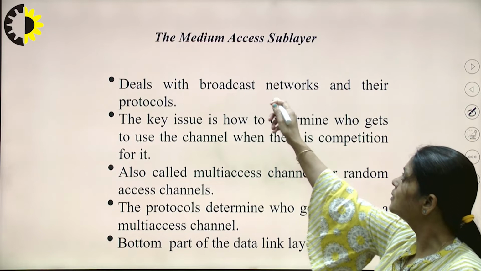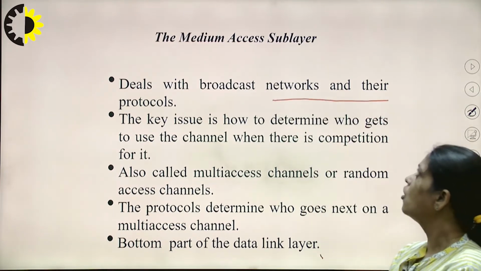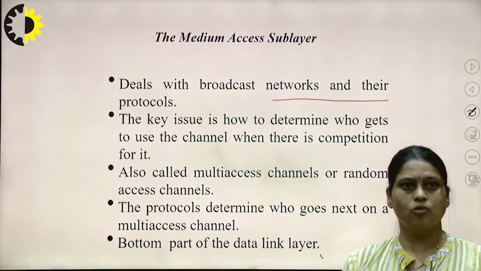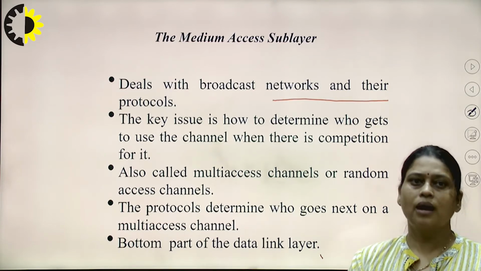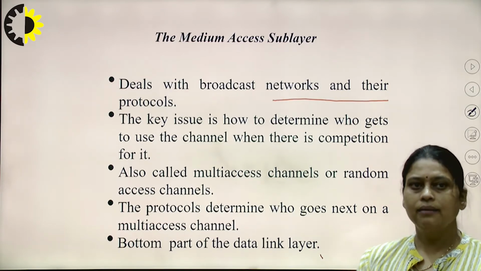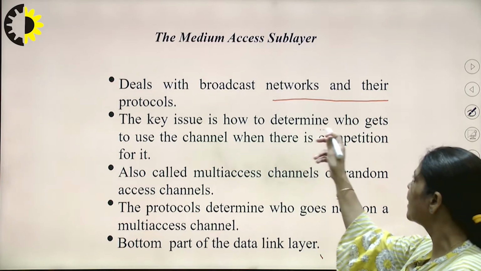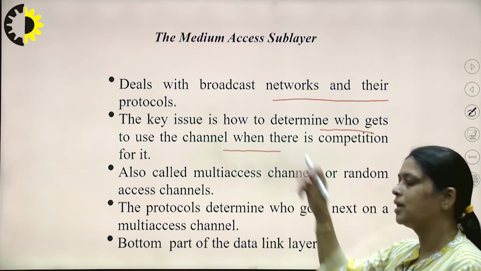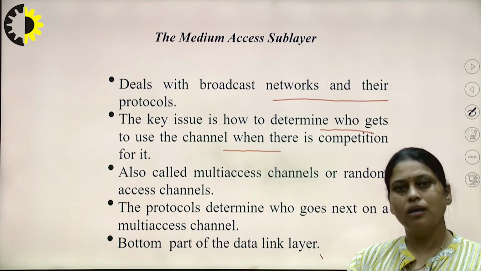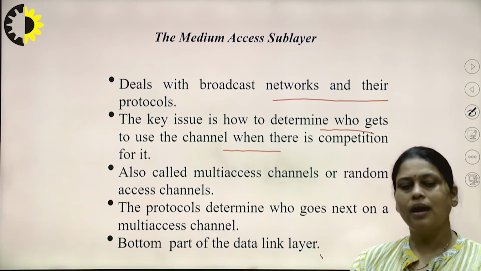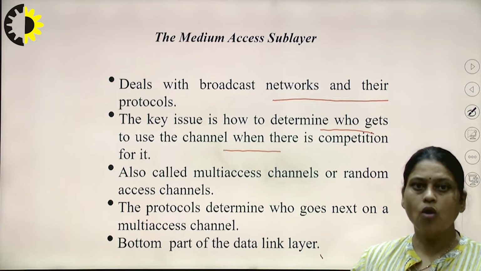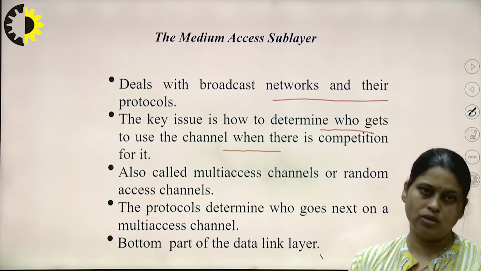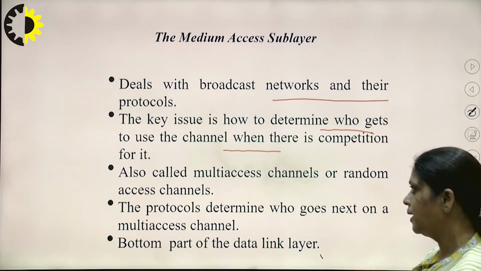It deals with the broadcasting of the network and its protocols. The key issue is how to determine who gets to use the channel. The major problem is that we can't identify who will use the channel and how we can allocate the channel to the source and destination.